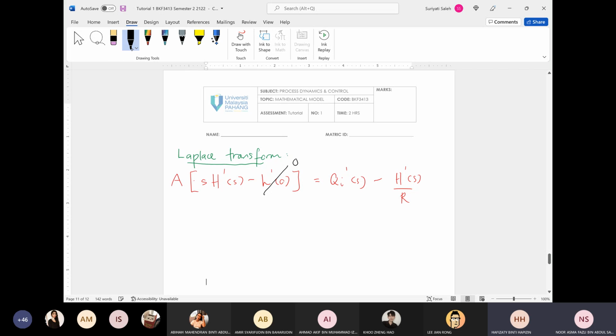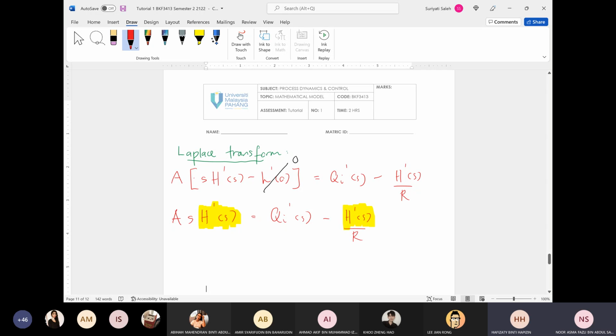So in this case, we know that the H prime 0 can be neglected as 0. So that leaves us A s H prime S equal to Qi prime S minus H prime S over R. You can see on the left hand side you have the H, and on the right hand side you have the H, so this refers to the same value.